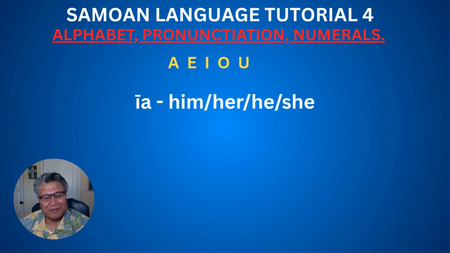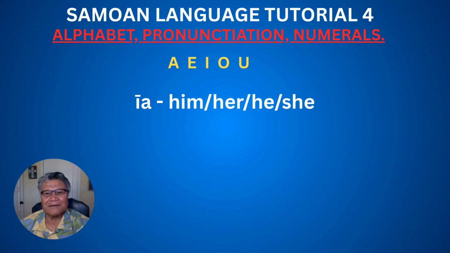But unfortunately, most of our vowels are not pronounced as they are in the alphabet. So let's put emphasis there. It almost sounds like there's an H before the I. You can pronounce it like there's an H, but not pronounce the H. And it'll be like Ia.